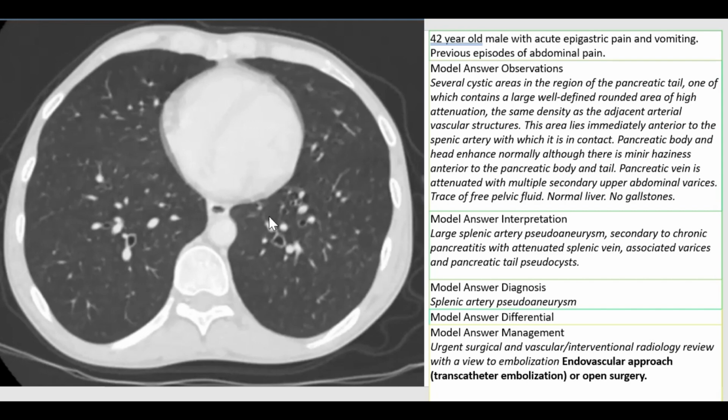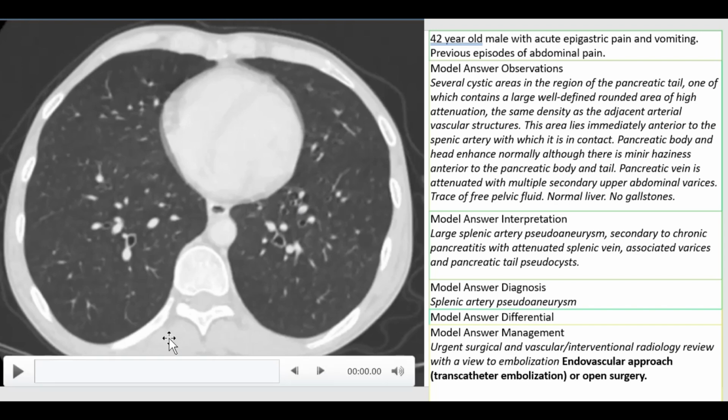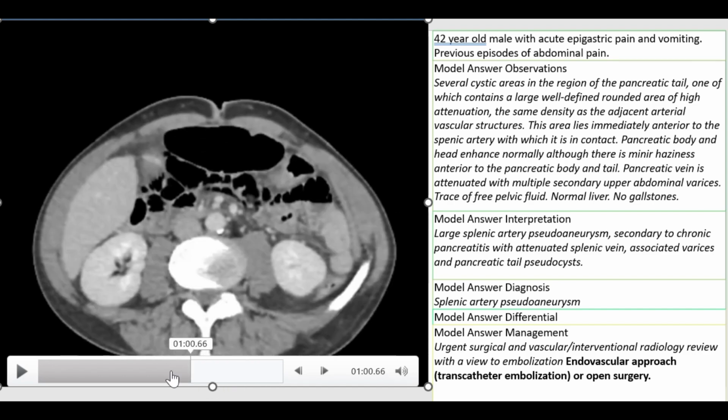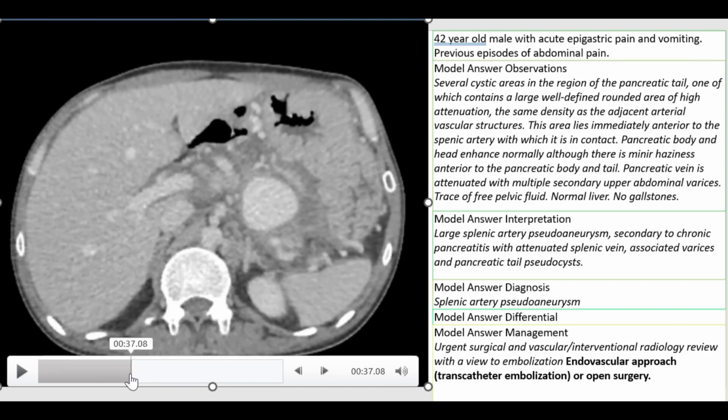So all these findings are consistent with pancreatitis. Okay, all these findings I mentioned are consistent with pancreatitis: enlarged pancreas, indistinct margins, adjacent fat stranding, pseudocyst formation.